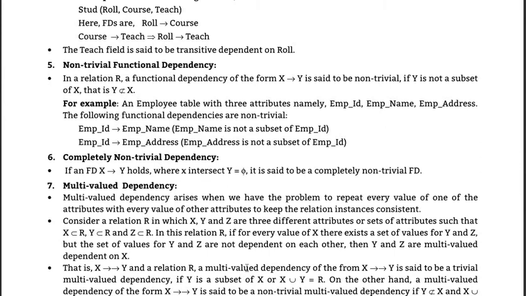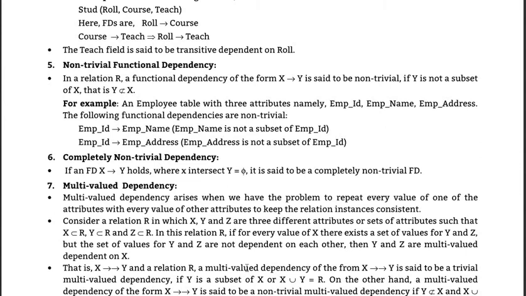For example, an employee table or relation with three attributes, namely employee ID, employee name, employee address. The following functional dependencies are non-trivial. How? Employee ID determines employee name and employee ID determines employee address.